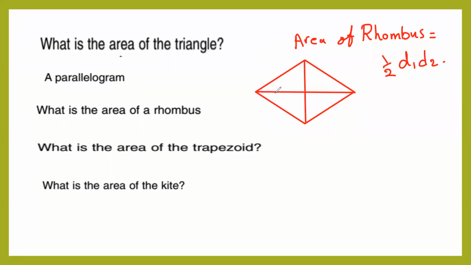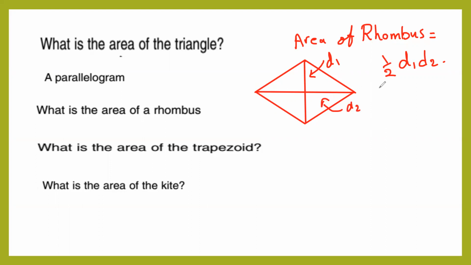What is the meaning of the diagonal? A diagonal is a line joining opposite vertices. This is one vertex and this is the other vertex, the upper vertex and the lower vertex, and the diagonal joins these vertices. This is D1 and that's D2.